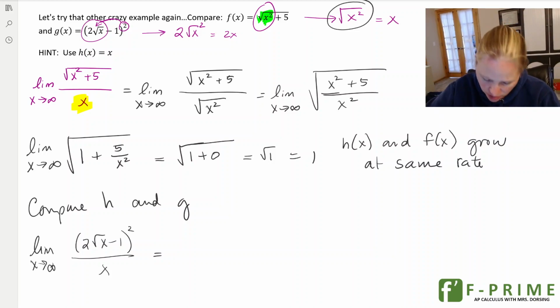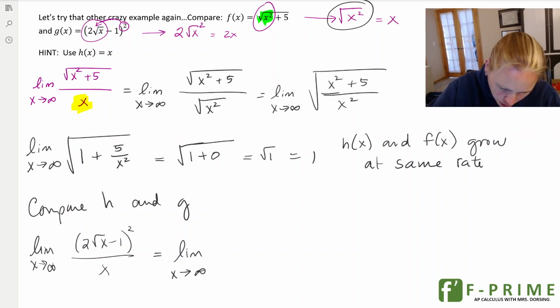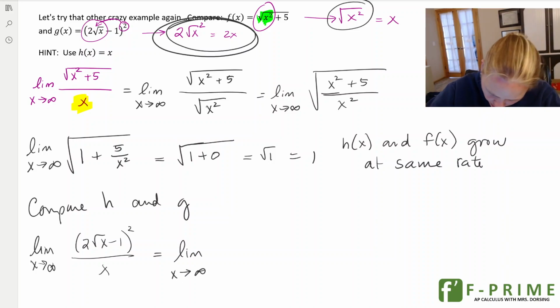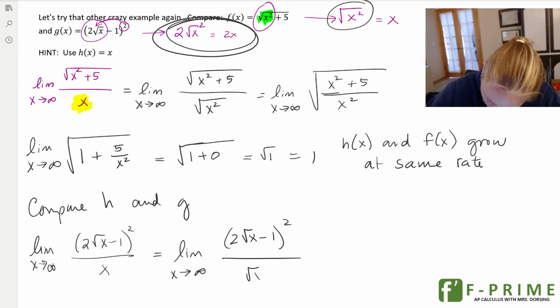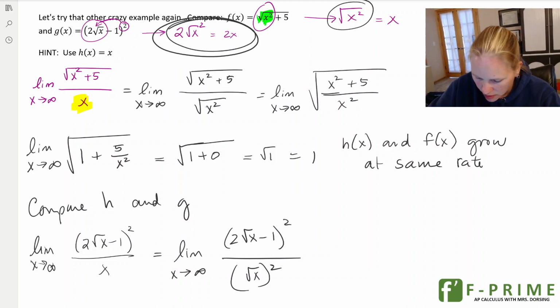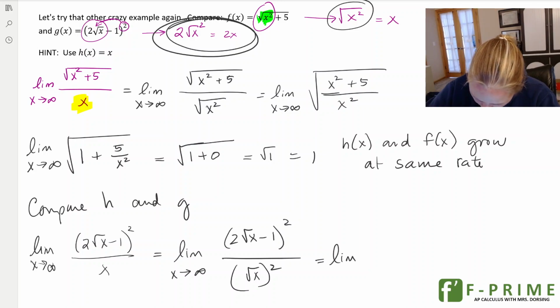Square roots, bad news bears. But what I can do is reframe this x. I'm going to go back up here to this end behavior model and write it as the square root of x squared. Now both of them have the same exponent, so I'm going to combine them.